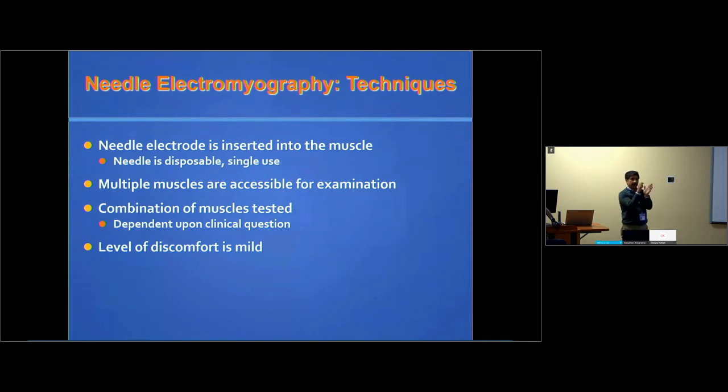A monopolar needle is the active electrode, and then we have a surface reference and a ground. It helps us first confirm some of the things we've already seen on the nerve conduction studies, whether there is axonal loss or a demyelinating process, and also the duration of the disease process.